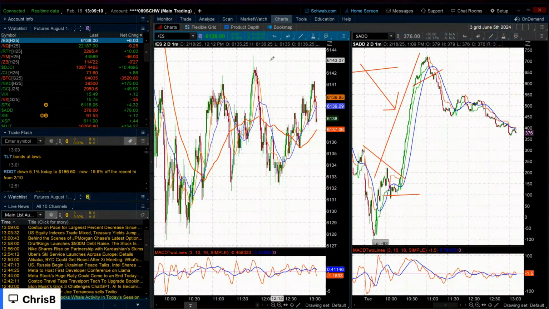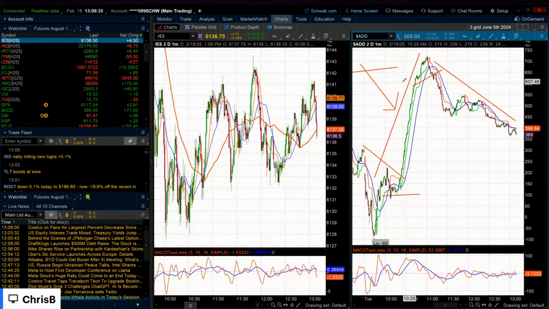You had this rally just now while I'm on, and this wouldn't bounce. The internals refused to go higher. Not even an uptick. No uptick whatsoever.